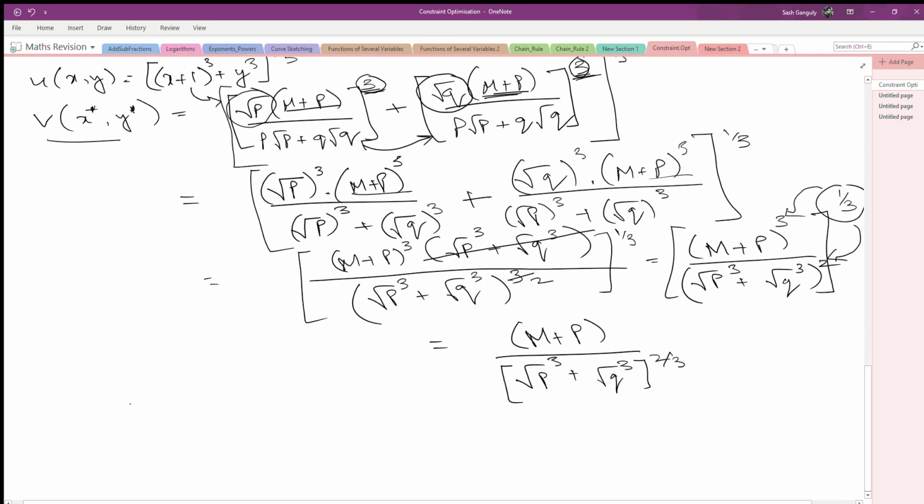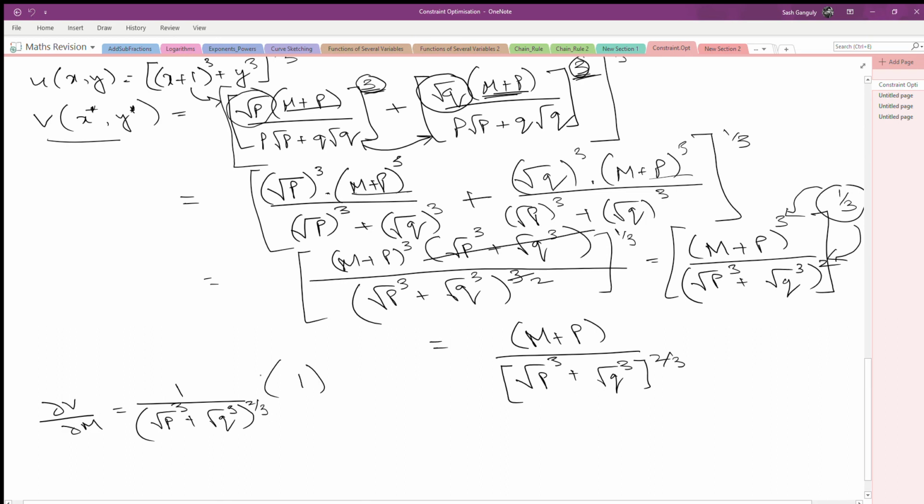So what is del v by del m then? Del v by del m would be equal to, so this denominator is a constant, so I can take that separately, right, to the power 2 by 3. So this entire thing is a constant. So derivative of m plus p with respect to m will be 1.